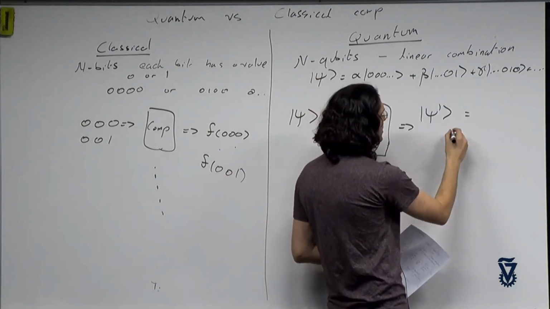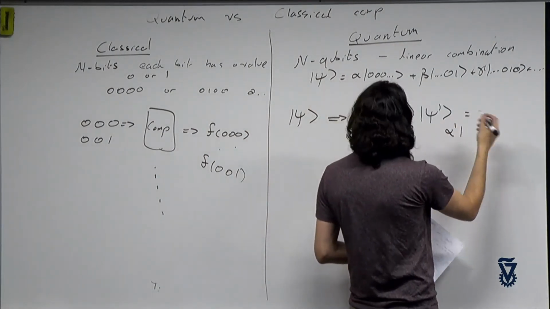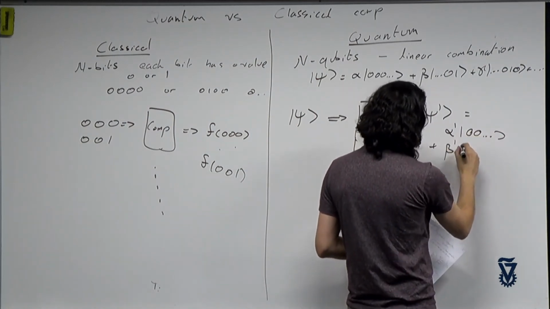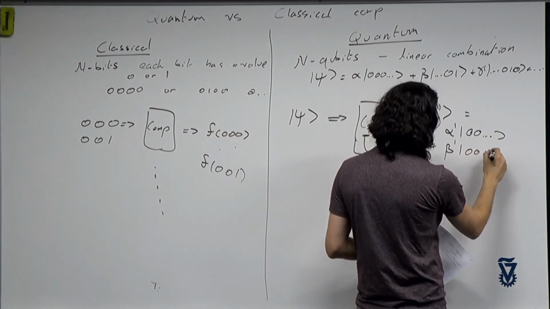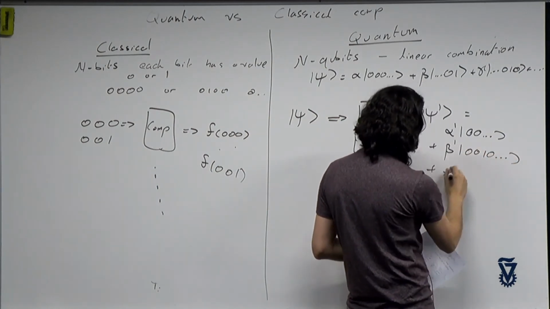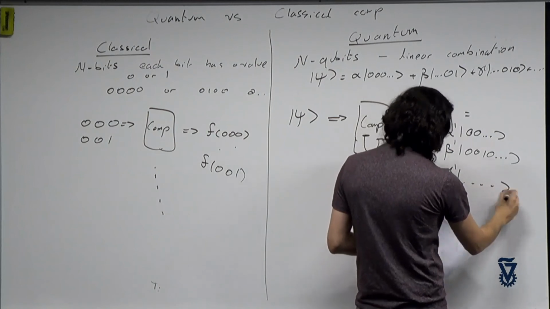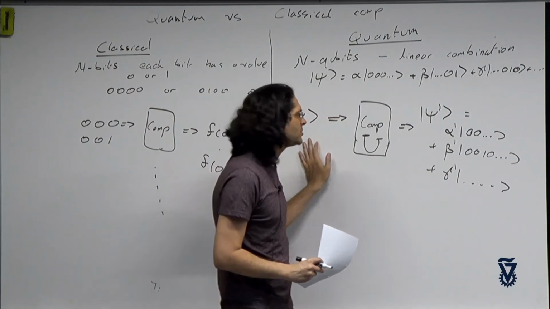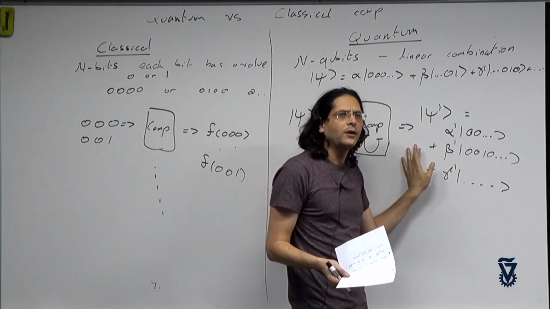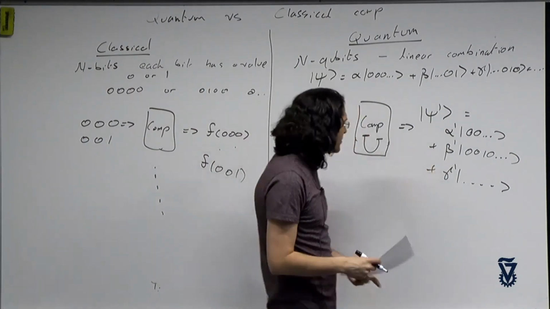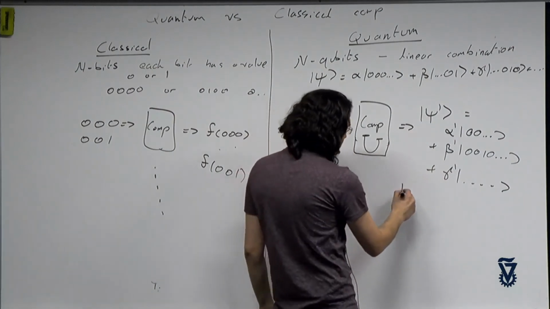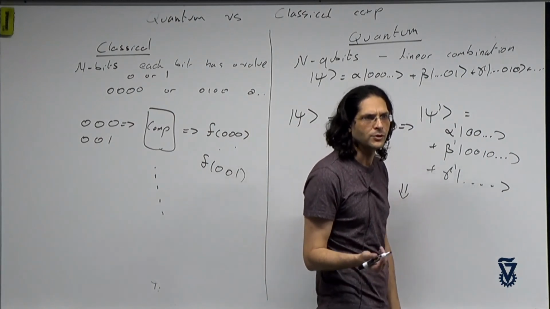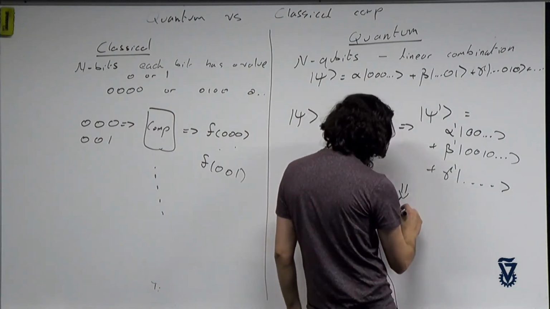And this wave function will also be some alpha prime 0, 0, 0, plus beta prime 0, 0, 1, plus gamma prime, and so on and so on. Okay, so you input a wave function, which is a superposition, and you have an output wave function, which is a superposition. And what do we do at this point? We measure.